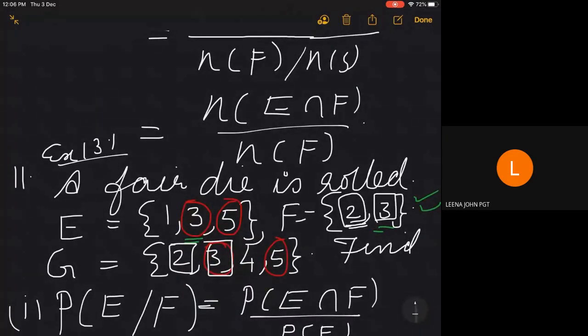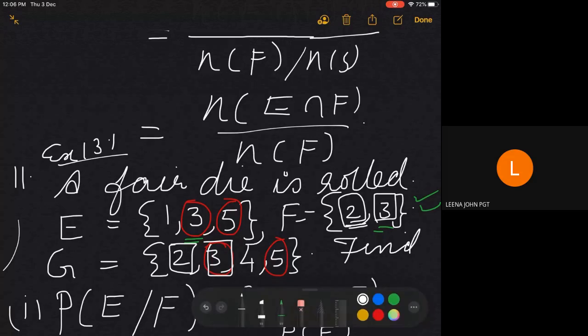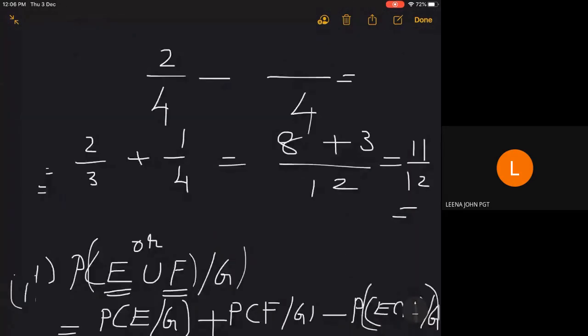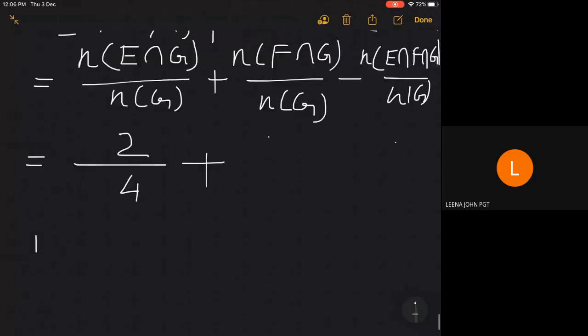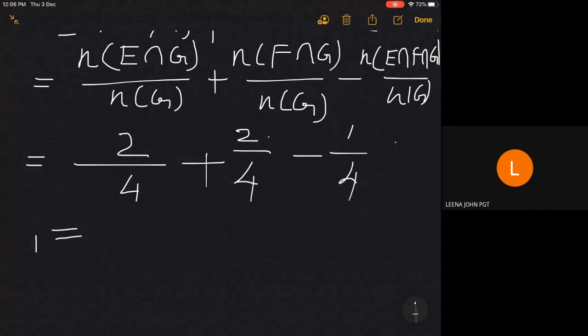The common elements are 2 and 3, so there are 2. E intersection F intersection G has how many elements common? That is only 3. So for F intersection G also we have 2 elements. So 2 by 4, plus 2 by 4, minus 1 by 4. So the answer is 3 by 4.